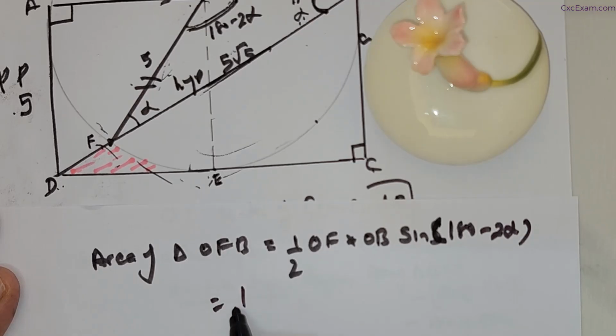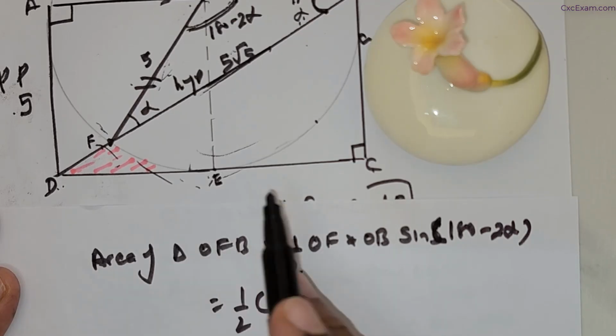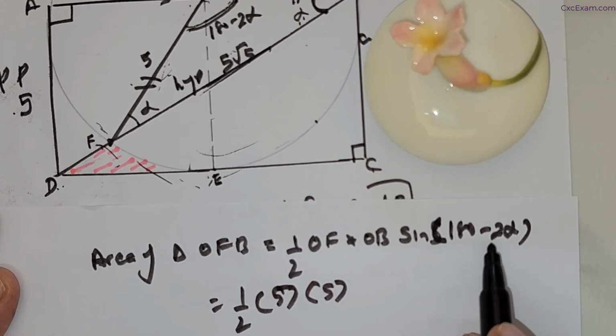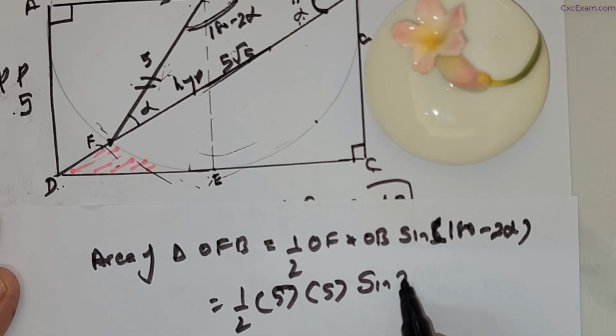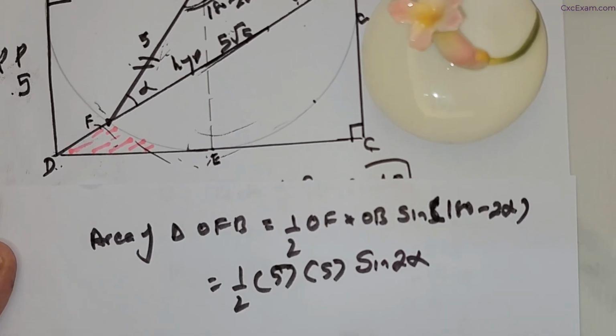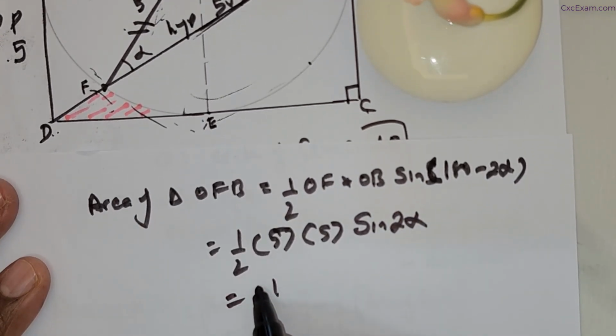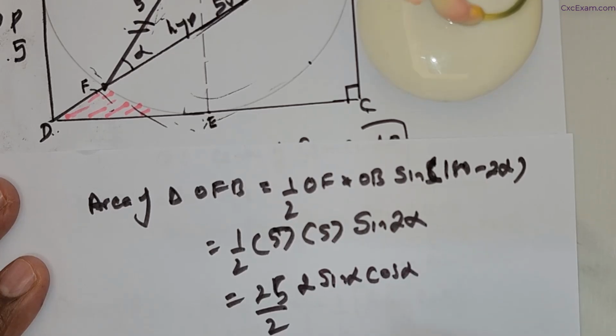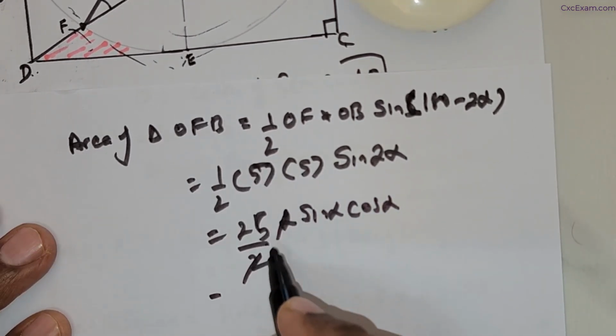So this is going to be 1 over 2 times OF is 5 units and OB is 5 units, times sine of 180 minus 2 alpha, which gives me sine 2 alpha. So this is 5 fives are 25 over 2 times sine 2 alpha. I'm going to rewrite it as 2 times sine alpha times cos alpha, so my 2 gets cancelled.